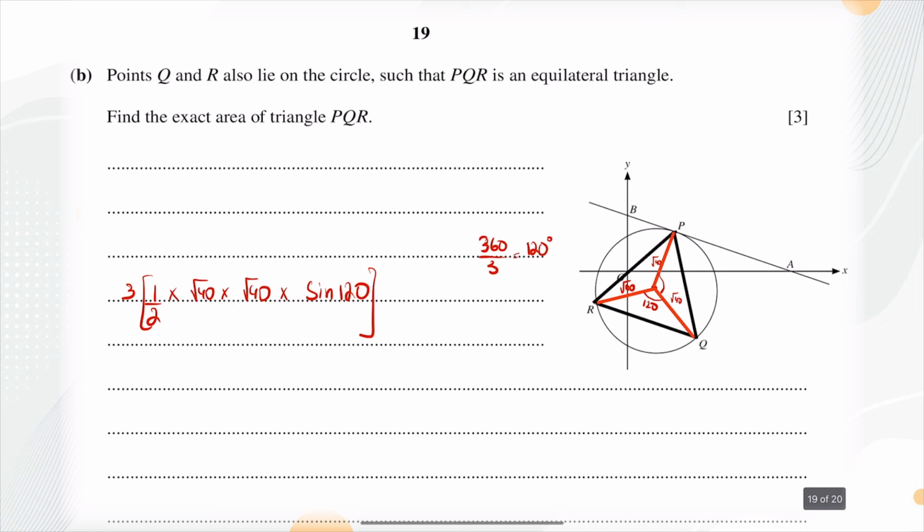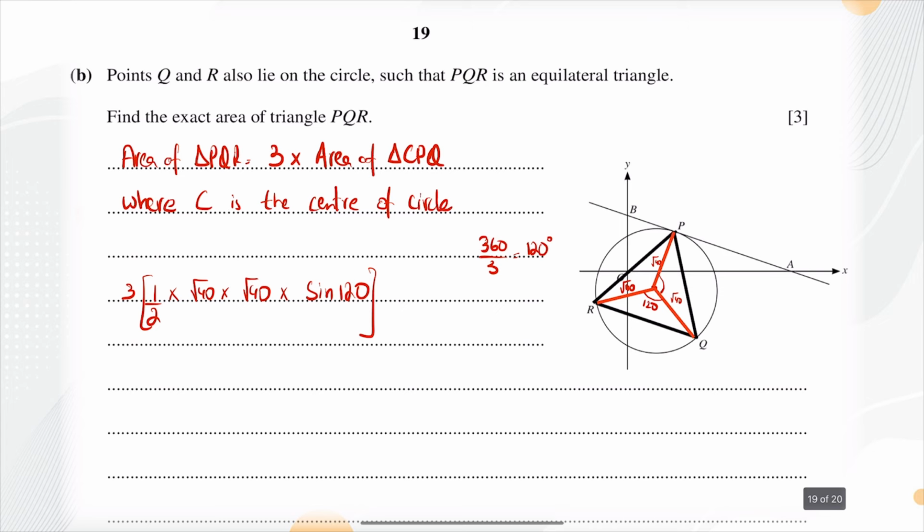It's a 3-mark question, so you say the area of triangle PQR is equal to 3 times the area of triangle CPQ, where C is the center of the circle, which we ourselves labeled. Also write down that the radius is equal to under root 40.